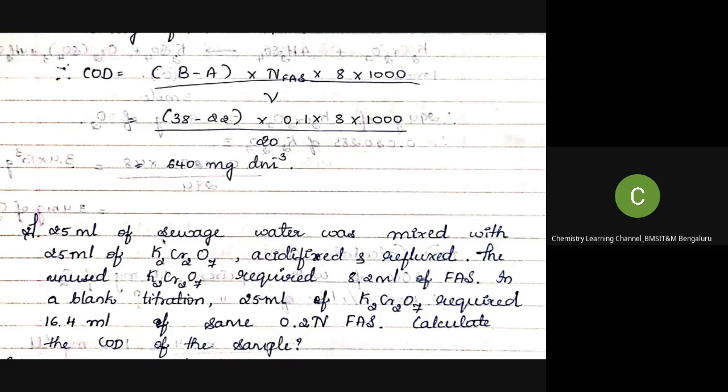So volume of the sample taken V is equal to 25 ml, and on titrating we got back titration value as 8.2 ml of FAS, and blank titration we got as 16.4 ml. For blank titration, burette reading is 16.4 ml and concentration of FAS is 0.2 N. So calculate the COD and let me know the answer.